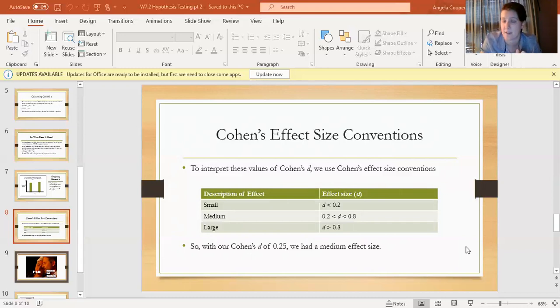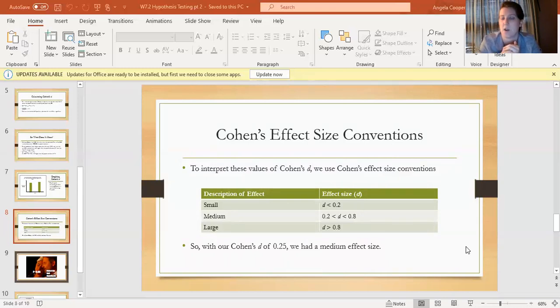It's a large effect size. But let me kind of go over this graph a bit. So again, looking at just the number itself, not the plus or minus, you're going to see that if your Cohen's d is less than 0.2, it's going to be small.